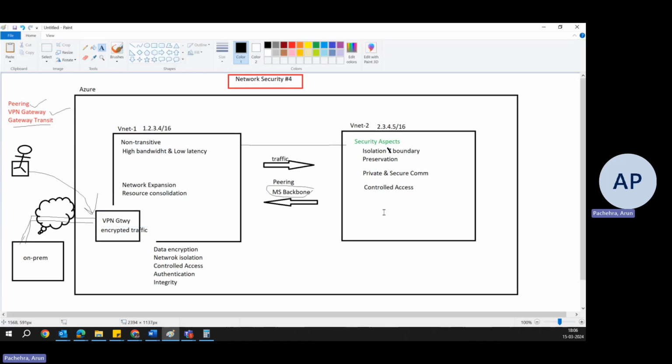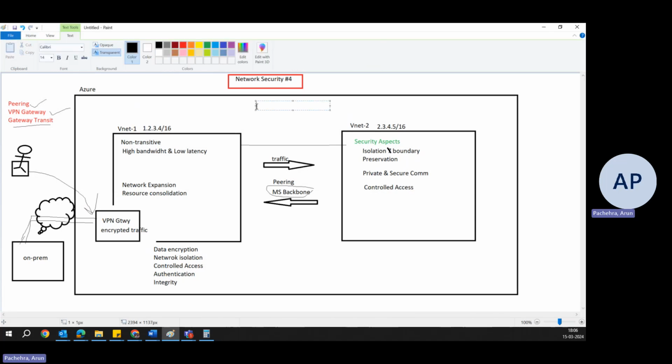What is the security aspect? That's the main point. The very important security aspect is centralized security management. Right? Nothing beats this one. That's what Microsoft is doing all the time. They're just creating centralized management for every resource, everything. Why?